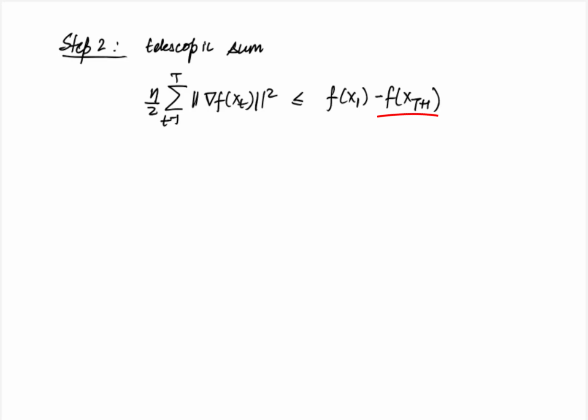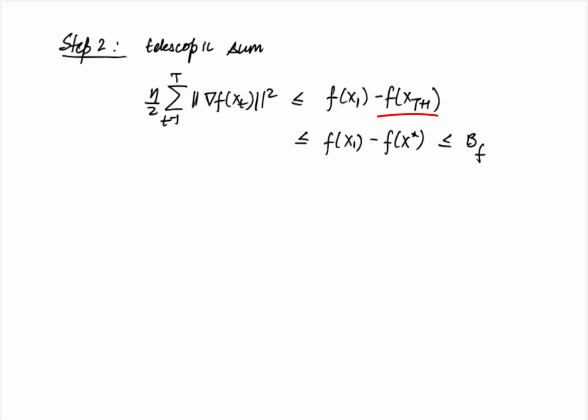But one thing is for sure, f of x_{T+1} is greater than or equal to f of x star, since x star is by definition the smallest value of f. So we can use that bound here to make the right hand side less than or equal to f of x1 minus f of x star, and we assumed that this was less than or equal to b_f. So we have this bound on the total value of the gradient.